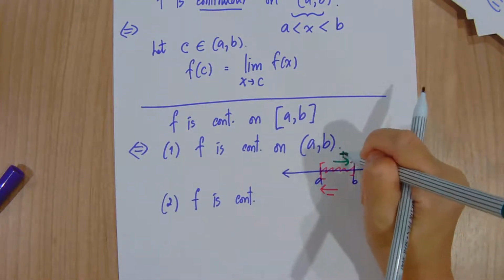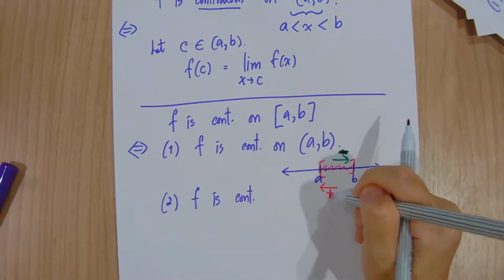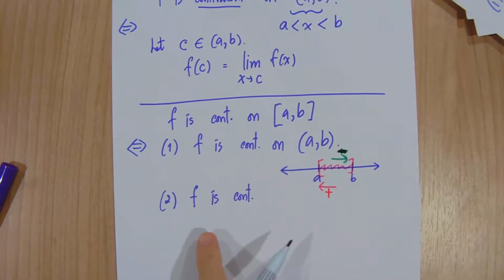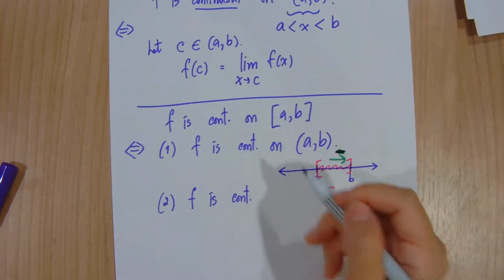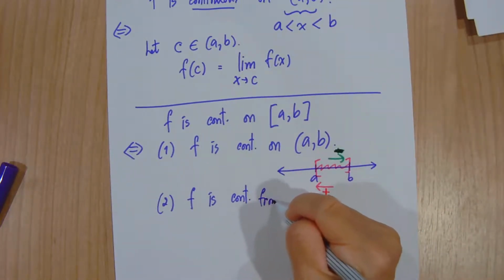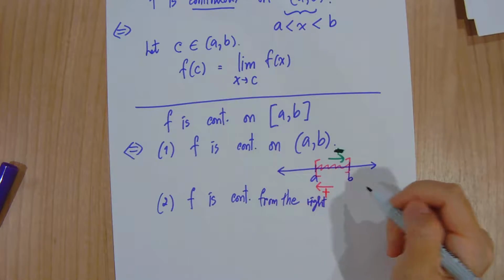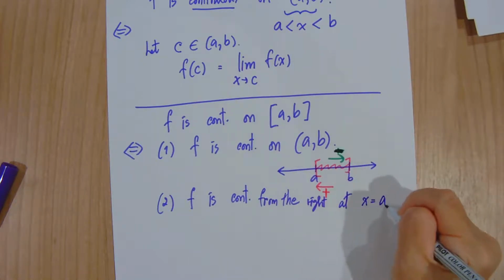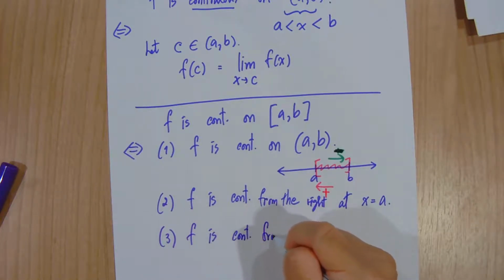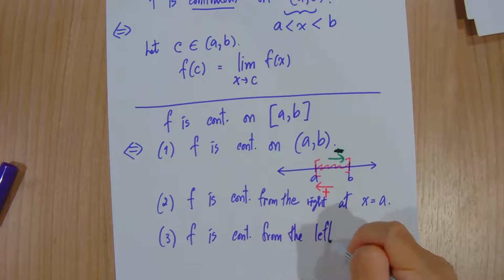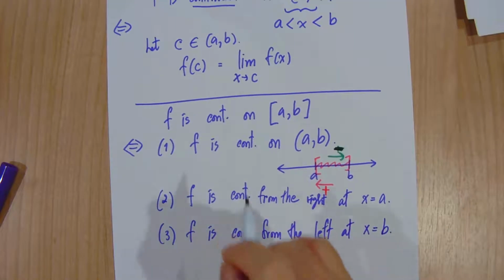Oh, sorry, close to b from the left-hand side, and close to a from the right-hand side. So we have to check whether f is continuous from the right at x equal a, and then check whether f is continuous from the left at x equal b. Okay, what does this mean?